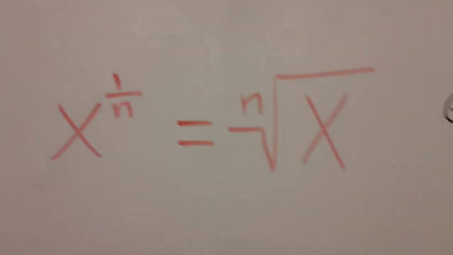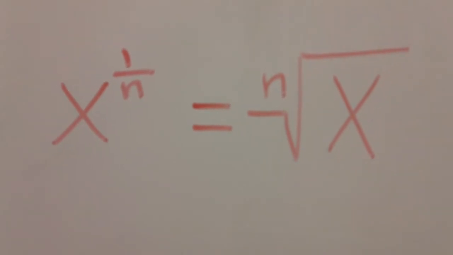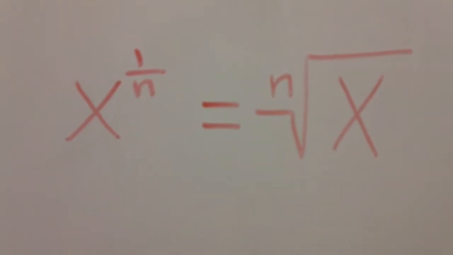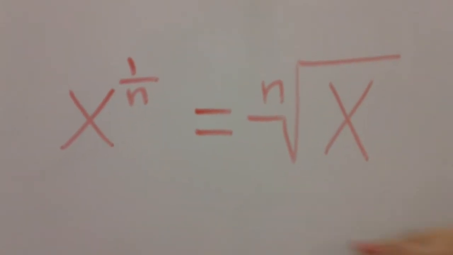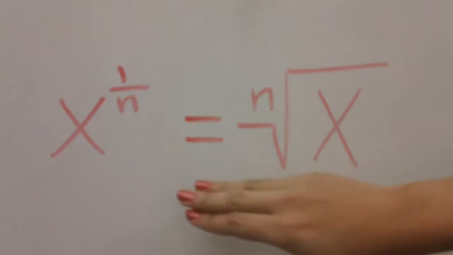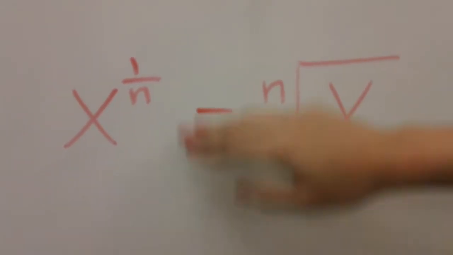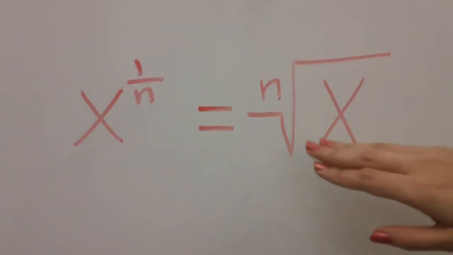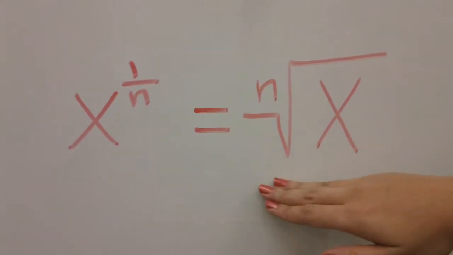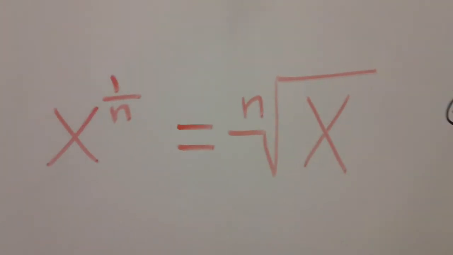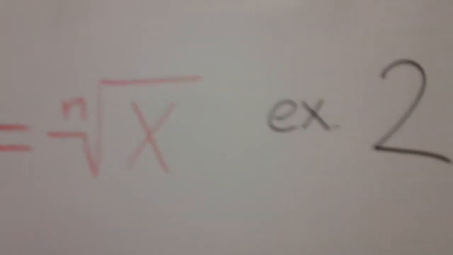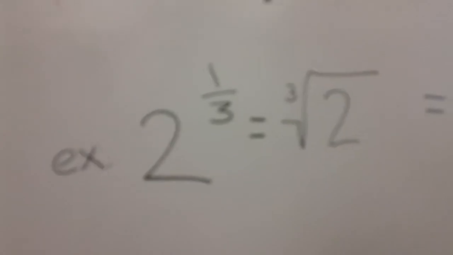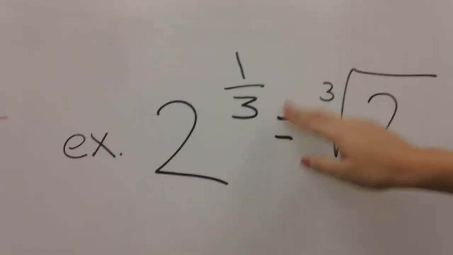Now our last equation, and this is our most difficult one because it deals with radical numbers, is x to a fraction. We have x to the power of 1 over n. What we do here is that our equation becomes the nth root of x. For example, we have 2 to the power of 1/3.